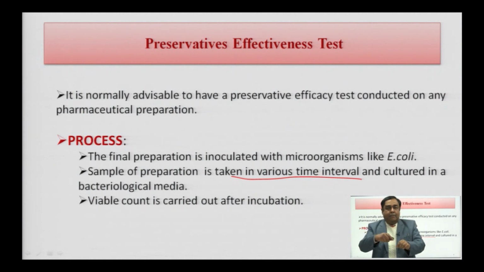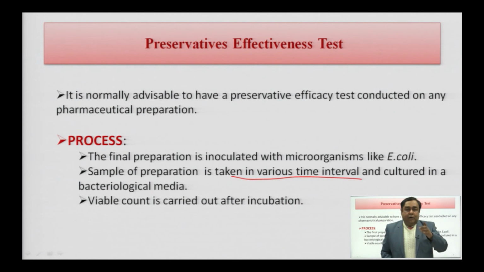To that you add the microorganisms, and at varying intervals of time you measure the viable count. Viable count means the number of organisms remaining over a period of time. If the viable count shows that the number of organisms is gradually decreasing, it means it is bactericidal in nature.